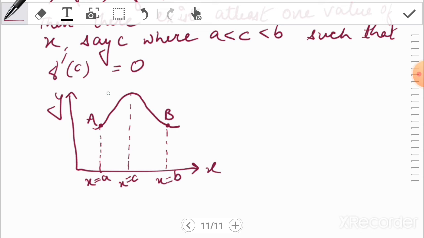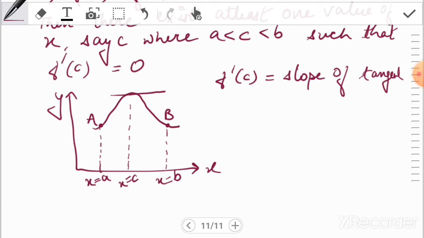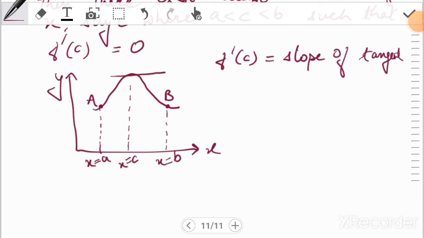So now let us find f'(c), that means the slope of the tangent line. So f'(c) is nothing but the slope of the tangent, which is equal to the slope of AB, because AB and this tangent line are parallel lines.